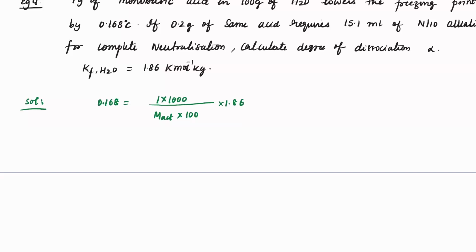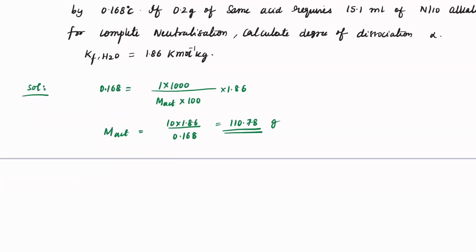So from here, molar mass actual, how much it has, we can calculate that. So that is 10 into 1.86 upon 0.168. Okay. So this value is coming out to be approximately 110.78. So this is the molar mass actual, which is gram per mole.